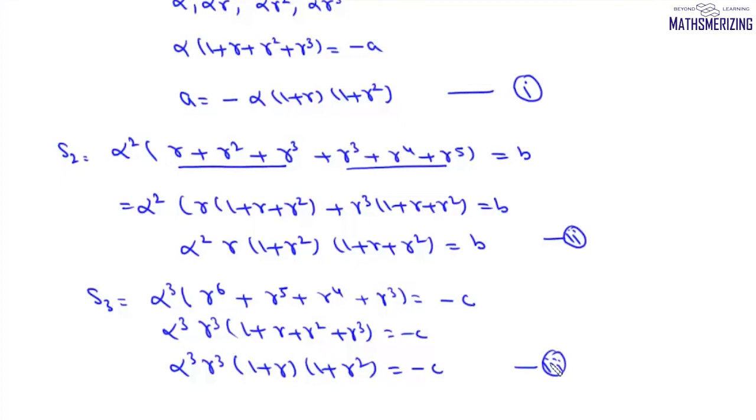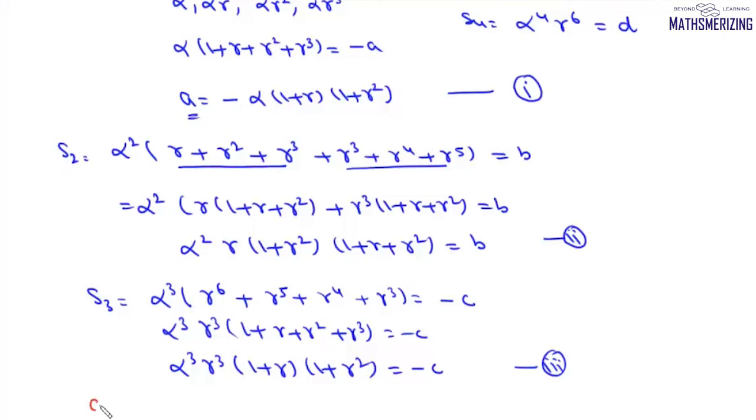And finally we'll write S4. S4 is the product of all the roots, which is alpha to the power 4 and r to the power 6, which is nothing but d. Now what we'll do is we'll find a square into d.